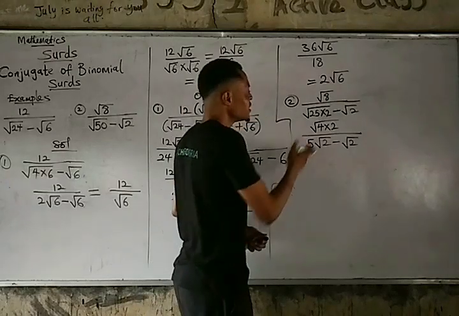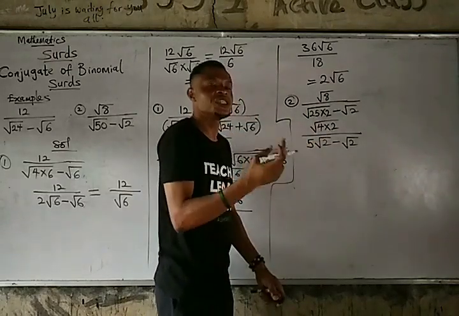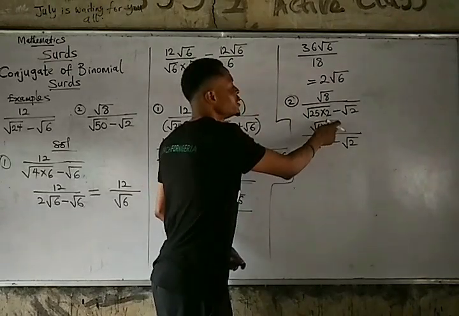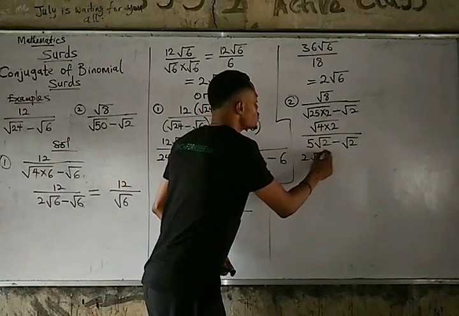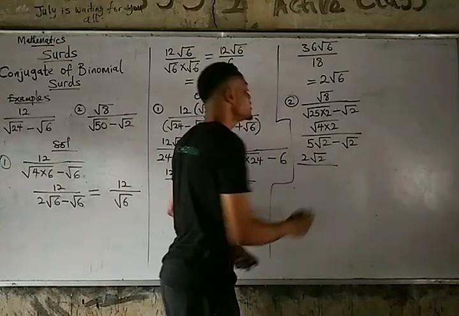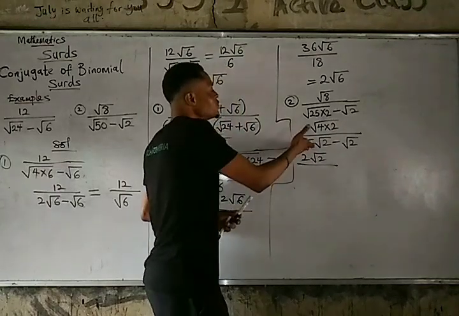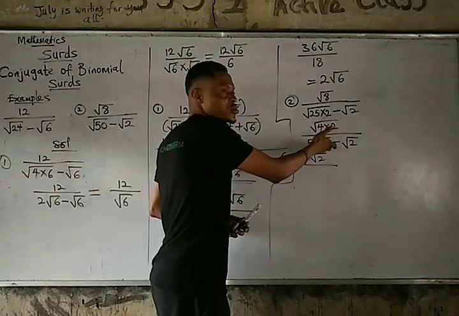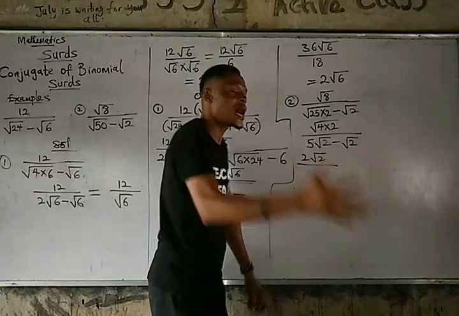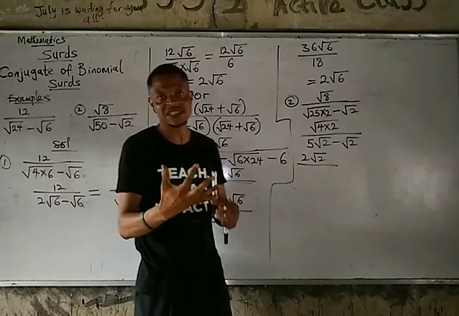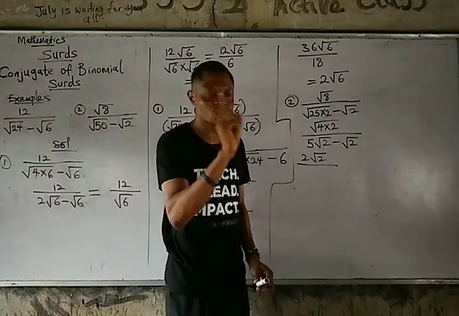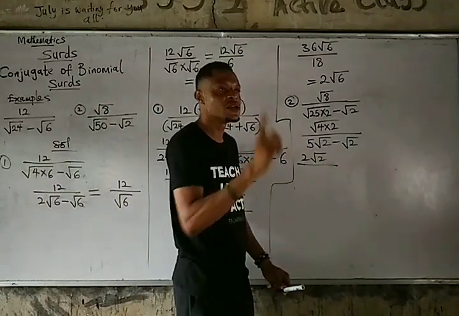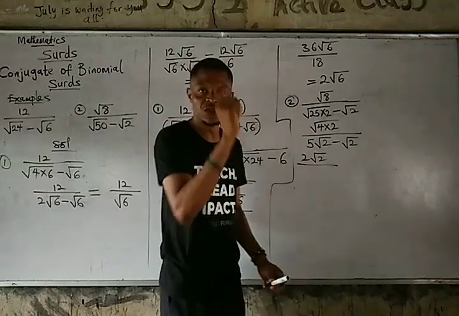Then the next thing is root 4, which is going to be 2. Then we are left with root 2 inside. Everything divided by 5 root 2 minus root 2. I have root 2 in 5 places, and I am to remove a root 2 from this 5. So I'll be left with 4 of the root 2.